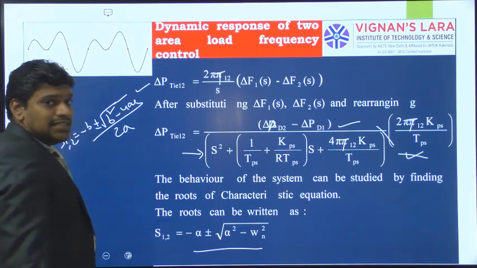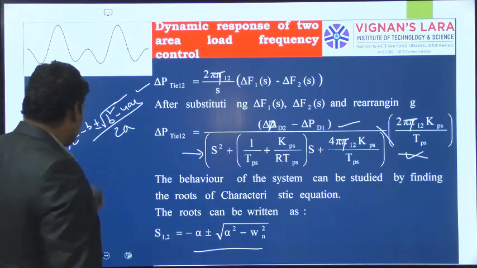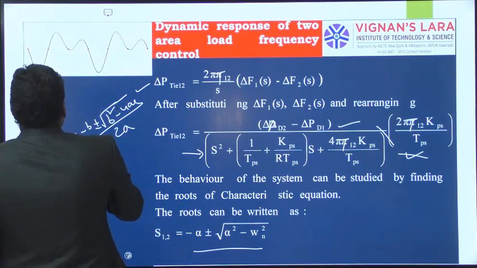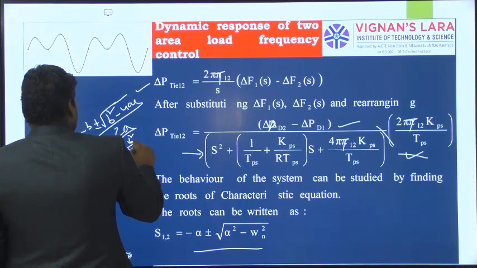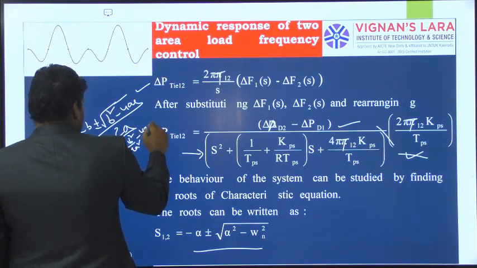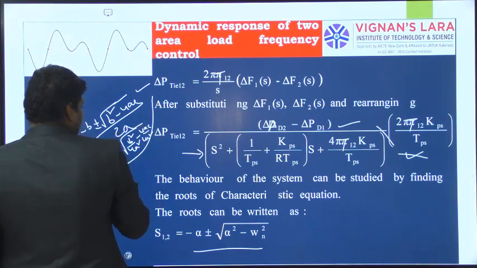This is the generalized expression for finding the roots of a quadratic expression. Similarly, taking the 2a separately, you can write this as minus b by 2a plus or minus root of b square by 4a square minus 4ac by 4a square. That is what we have written here.